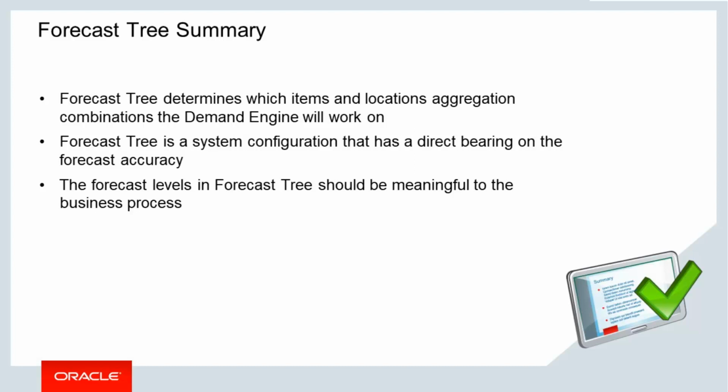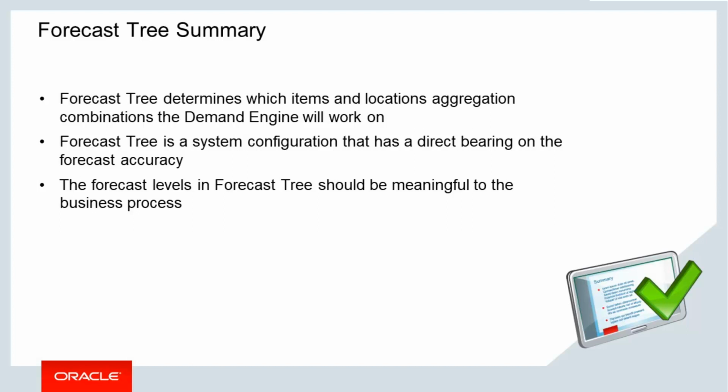In a nutshell, the forecast tree determines which item and location aggregation nodes the demand engine will work on. Forecast tree is a system configuration that has a direct bearing on the forecast accuracy. From the experience with many customers that complain about forecast accuracy, the first question I will ask is if they reviewed their forecast tree before running the Demand Management Analytical Engine and at what level the forecast was calculated.